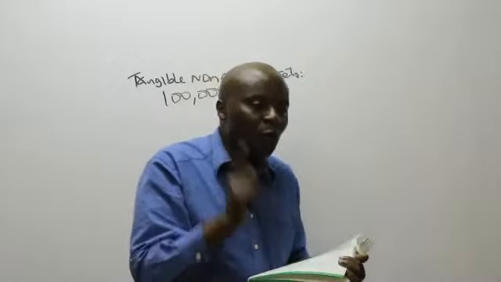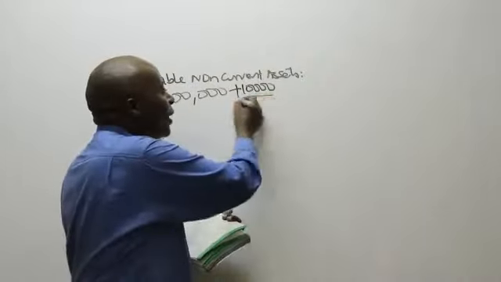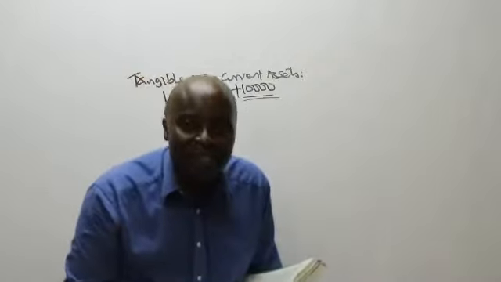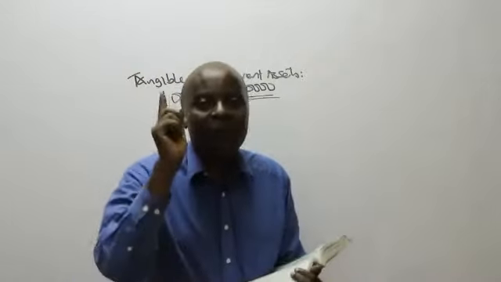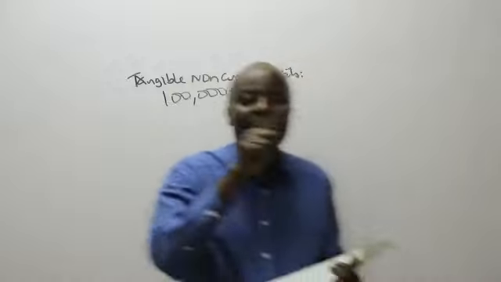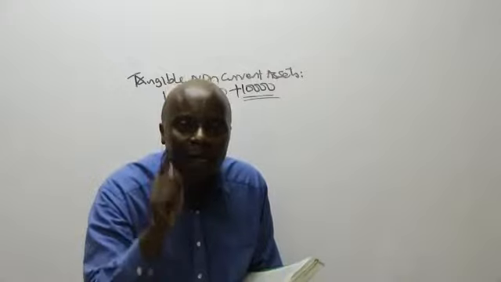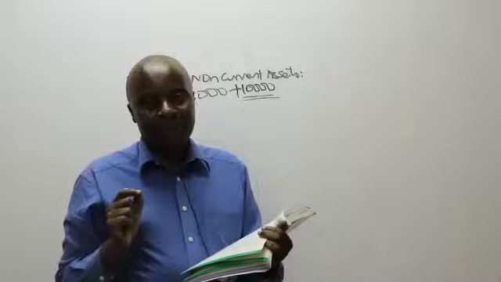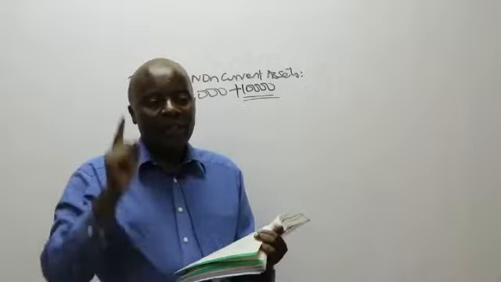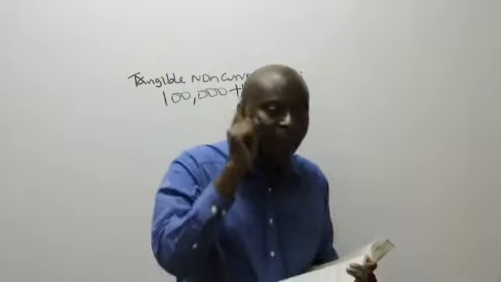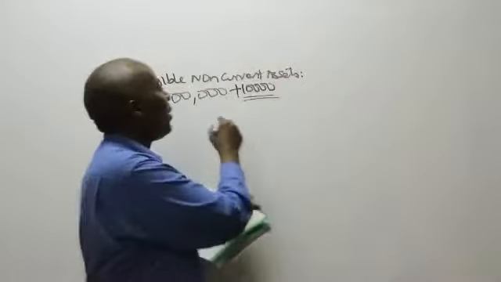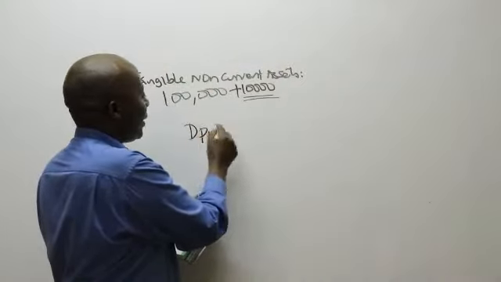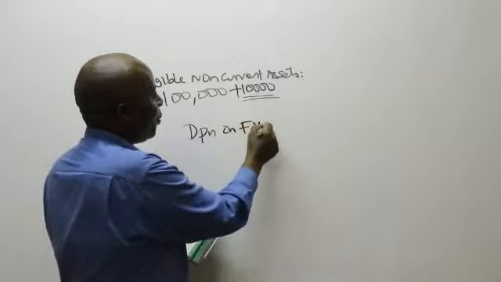We know for sure that this 10,000 has not yet been depreciated. Whenever there is a fair value adjustment, there must be depreciation on fair value adjustment. So come and give us the depreciation on fair value adjustment.